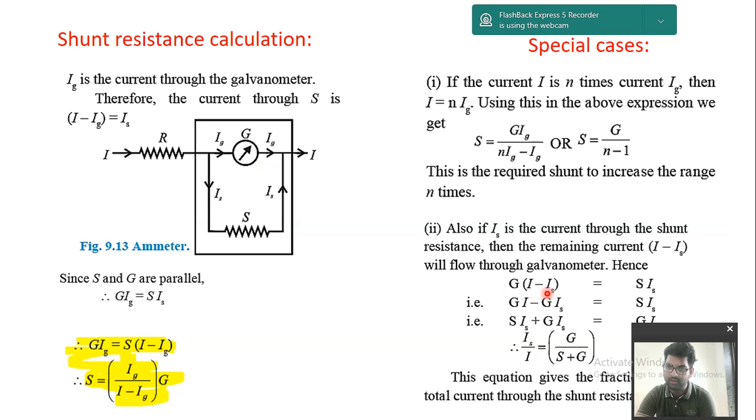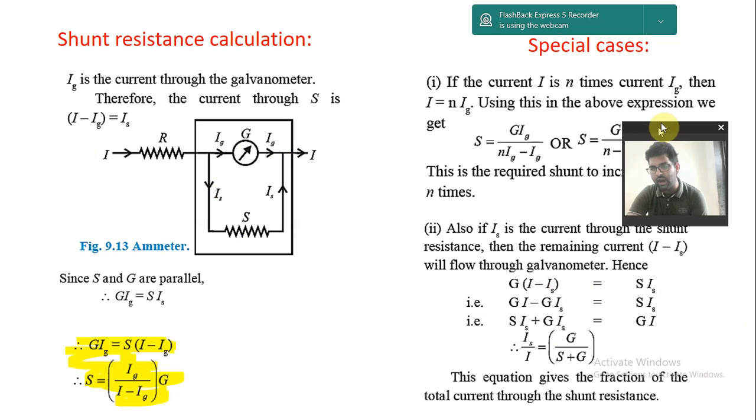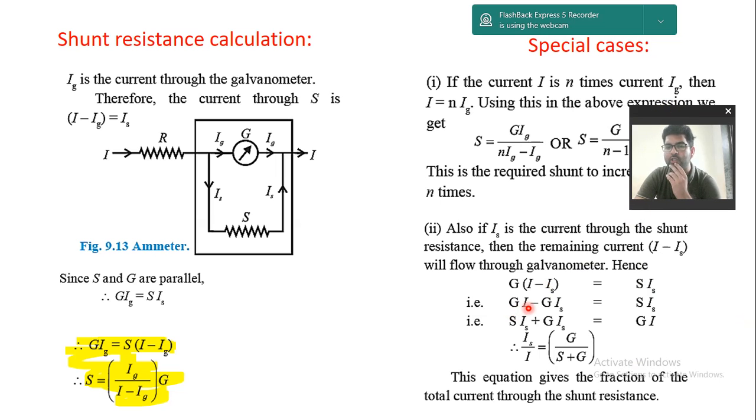So G into (I minus Is) equals S into Is. G into Ig, and what is Ig? Ig is I minus Is. So G into (I minus Is) equals S into Is. So in terms of Is now we are calculating. So GI minus GIs equals SIs. Now I am taking this on the right hand side.